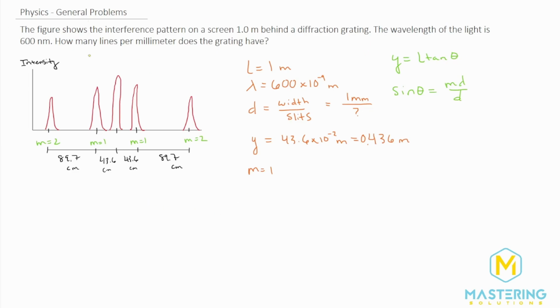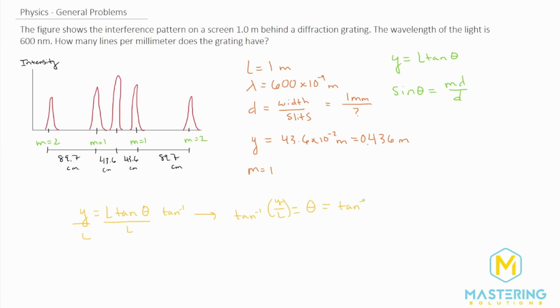So we need to isolate theta in this first. We have y is equal to L tangent of theta. So we'll divide both sides by L and then take the inverse tangent. That will give us inverse tangent of y over L is equal to theta. So we have all of these values now.